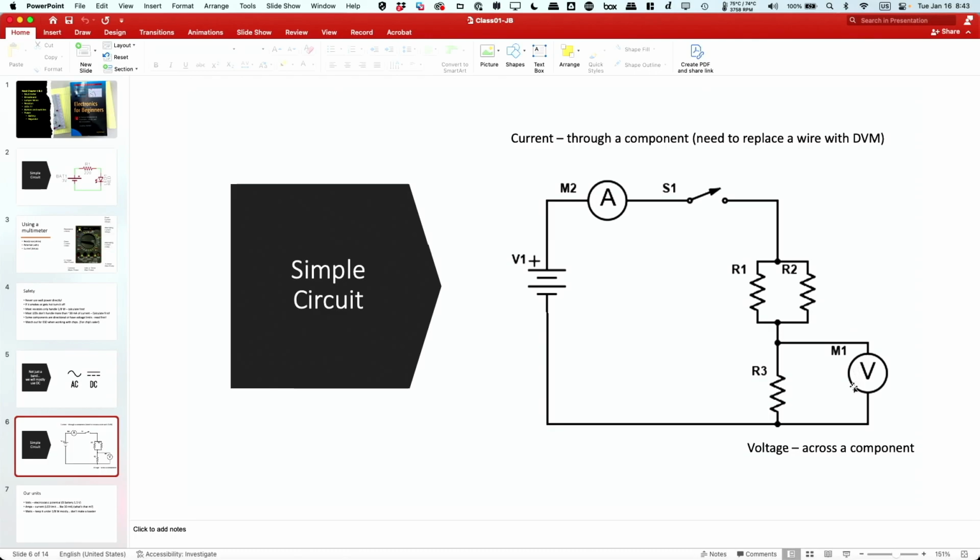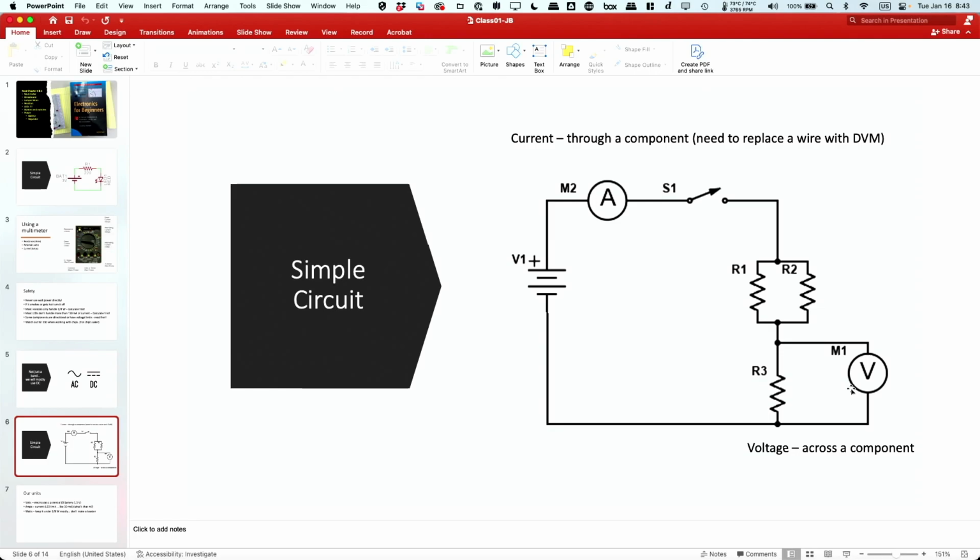Whereas if we want to measure the voltage, you don't have to do that. So if I close that switch in this one, what's going to happen? The switch is labeled S1 at the top. If we close it, what does that do to the circuit? The circuit is complete, right?